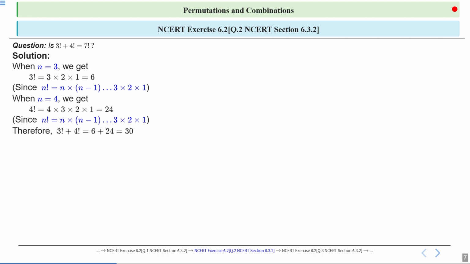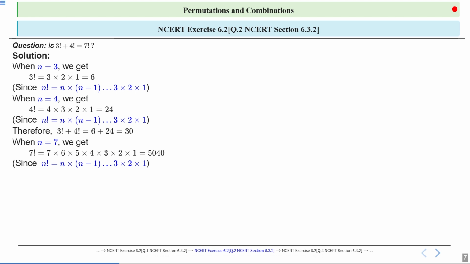Now we add 3 factorial and 4 factorial. So 3 factorial plus 4 factorial becomes 6 plus 24, which is equal to 30. So 3 factorial plus 4 factorial is equal to 30.